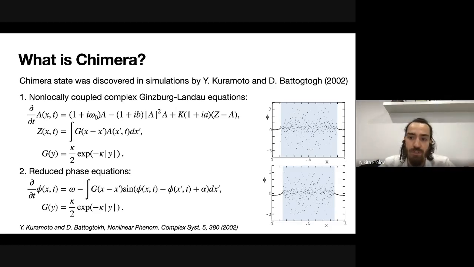One population demonstrates coherence and the other demonstrates incoherence. This is a rather non-obvious type of behavior which consists in symmetry breaking and attracts a lot of interest due to its applications in various fields of science and technology.